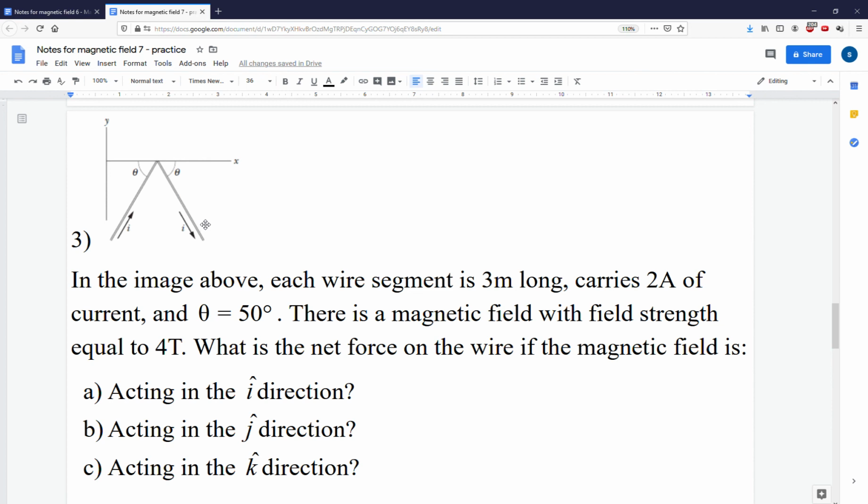Because there is symmetry to this problem, and each of these wires is functionally identical, we can say that in all likelihood the right and left components, or the I components of force, will cancel out, which means we only need to worry about the J components of force.